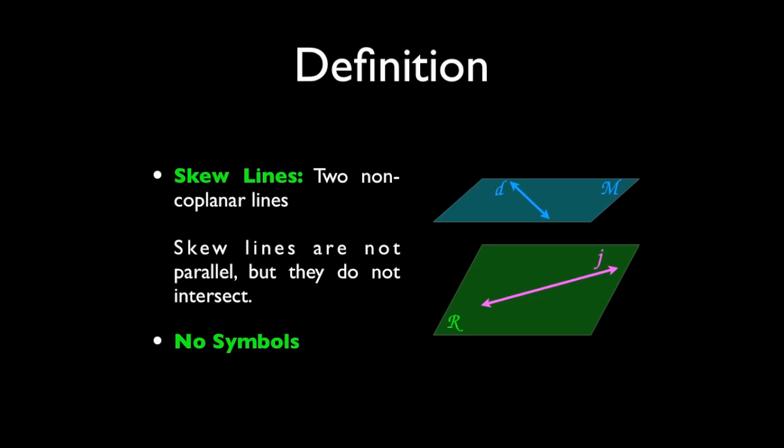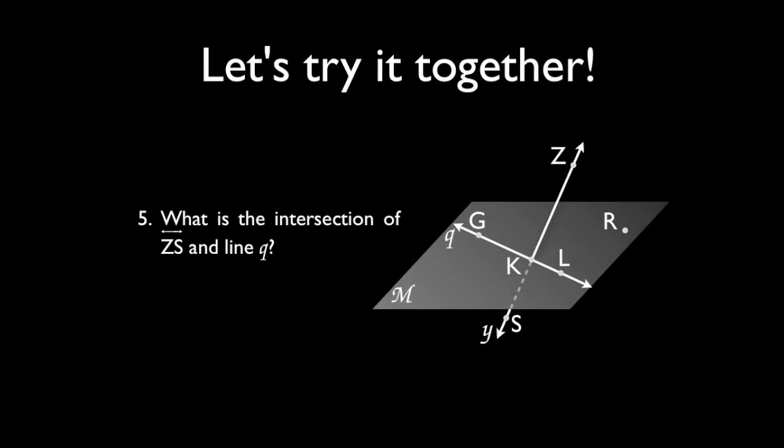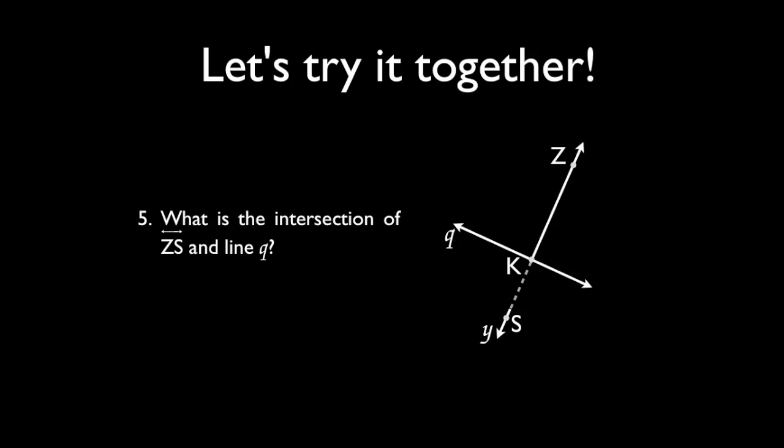So with that, let's try some of this. What is the intersection of line ZS and line Q? Well, let's get rid of everything that isn't line ZS or line Q, and then it becomes obvious that it's point K. The two lines come together right there at point K. Boom, done. Okay?